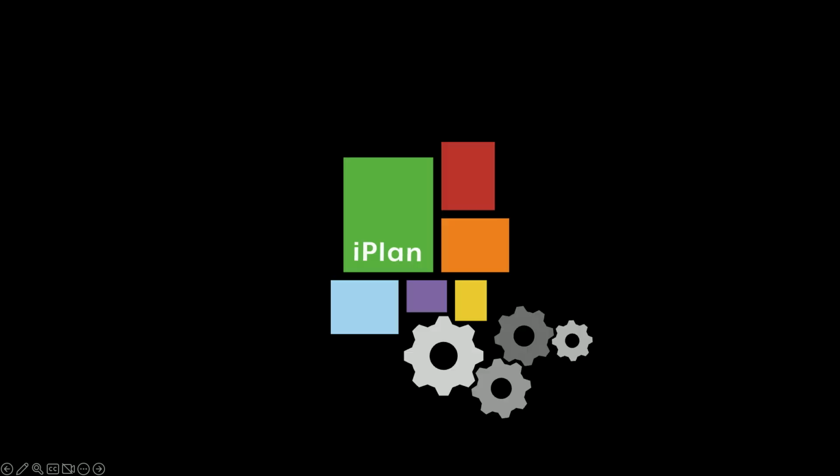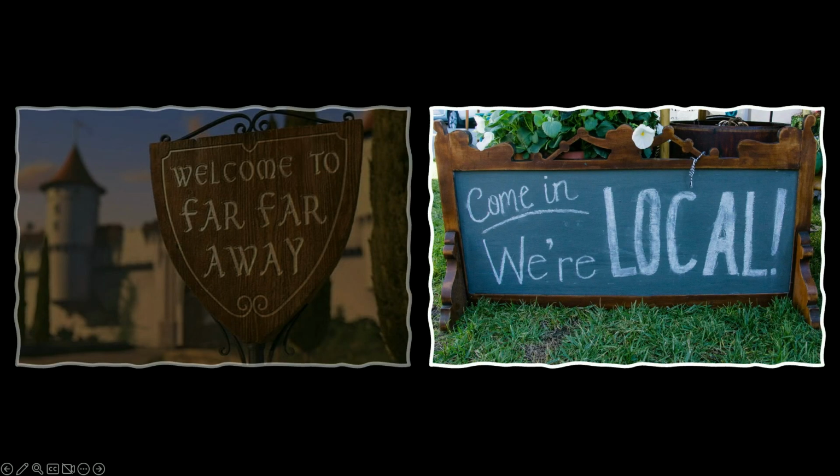Another mechanism that makes iPlan effective in that context is that it takes these kinds of problems and situates them not somewhere far, far away, but actually in their own local environment. So they can construct a land use model for an area that they actually know, that they have some investment in, which means that the things that they do in the simulation will be guided not only by what the simulation presents to them, but also by their own experience.